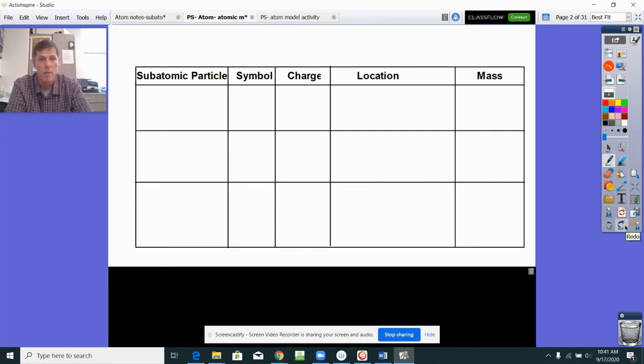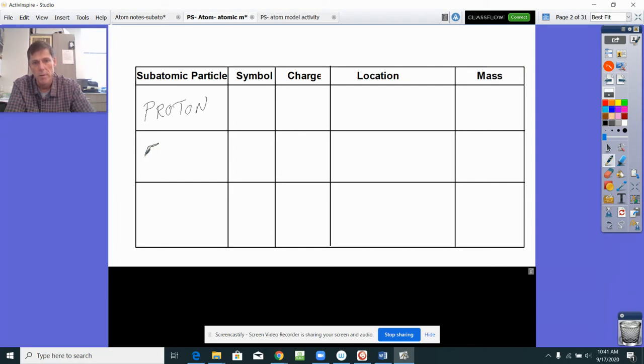Now, one of the first ones you've probably heard about is the proton. Now, proton, what are some other ones? Well, you've heard of a proton.